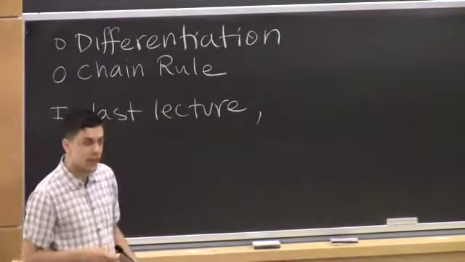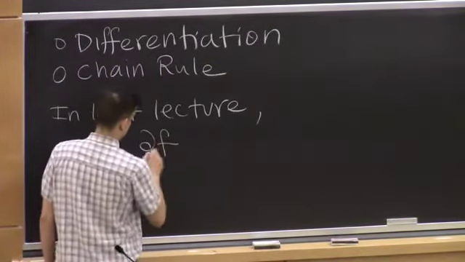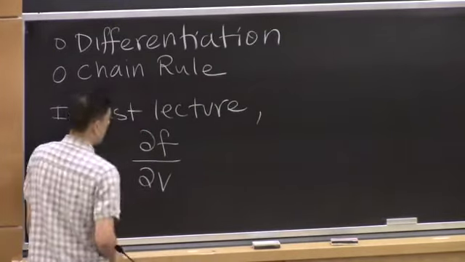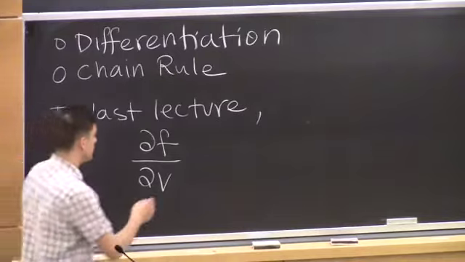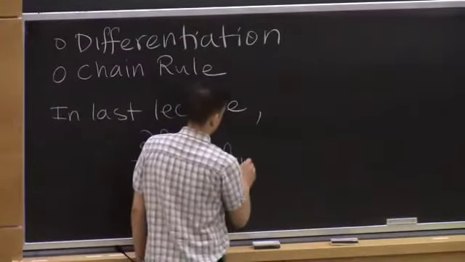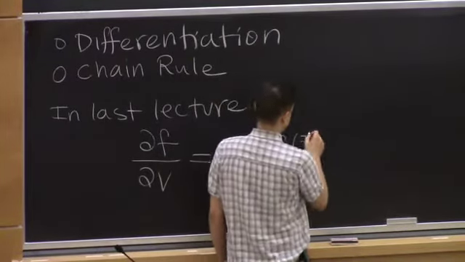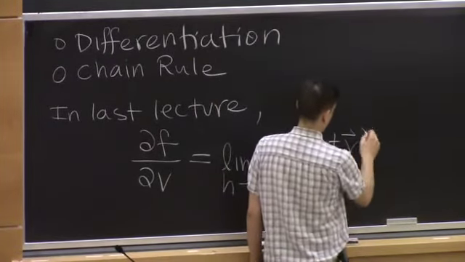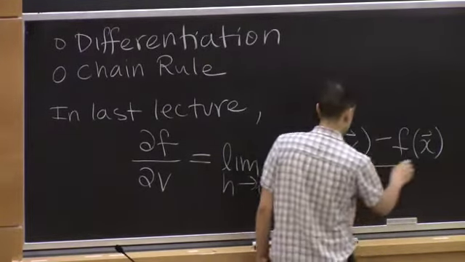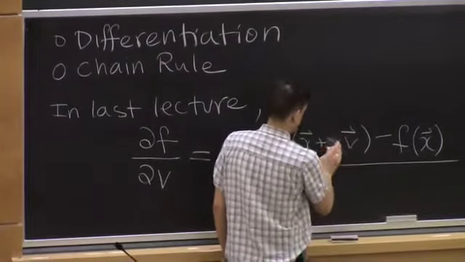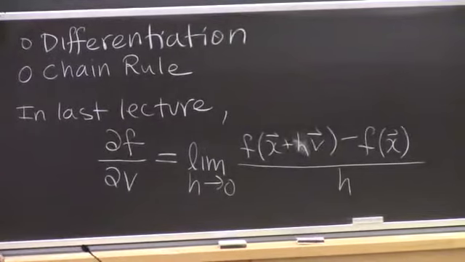In last lecture we defined the following guy. Okay, we defined the derivative of a function in a direction v, to be the following guy.